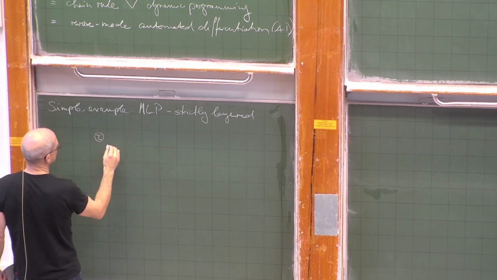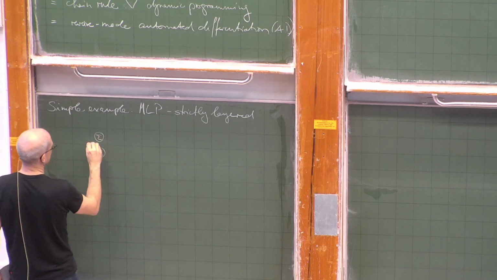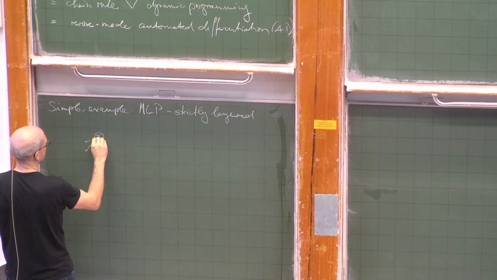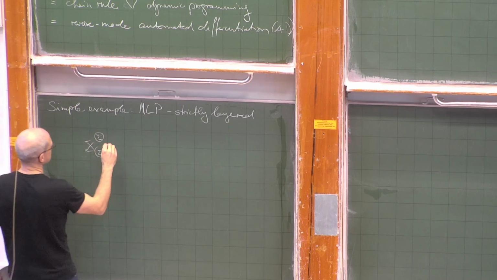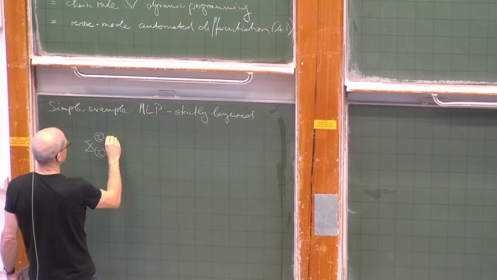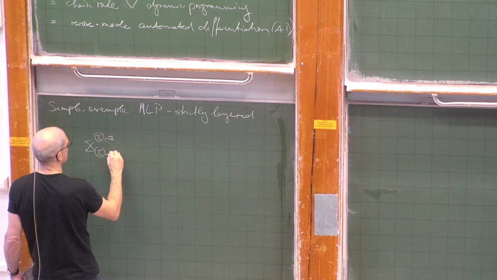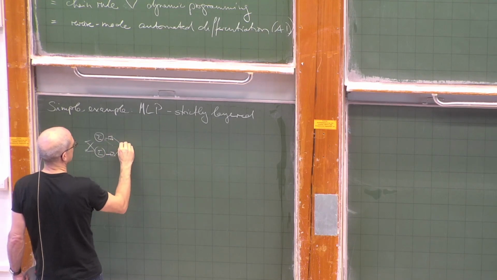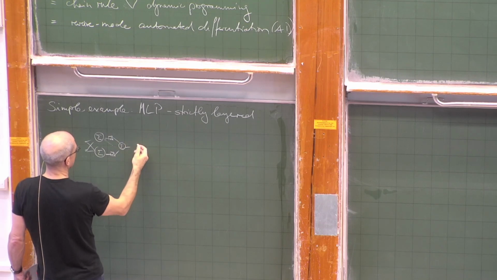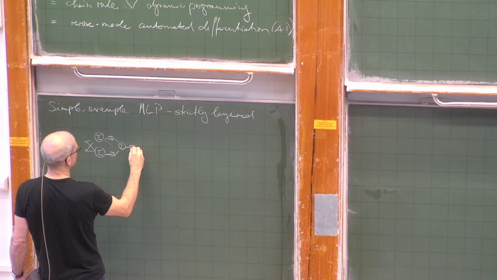Let's say we have two inputs, we have some nonlinearities, and we have a single output neuron.